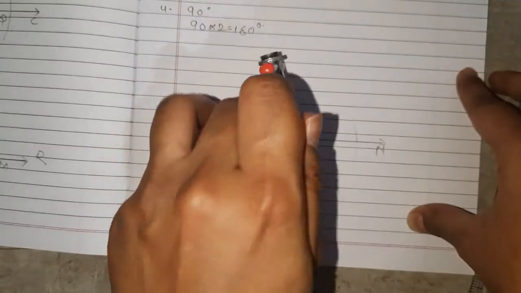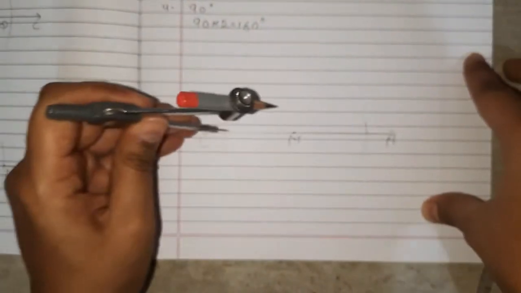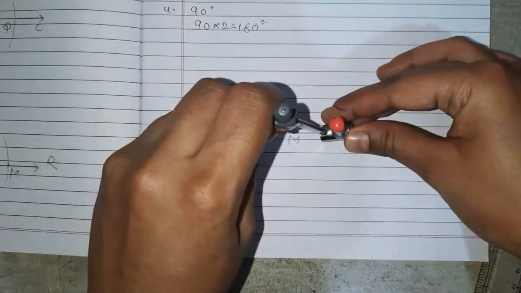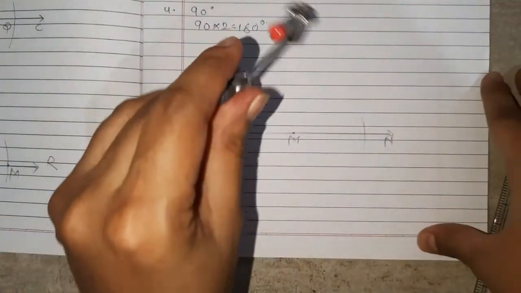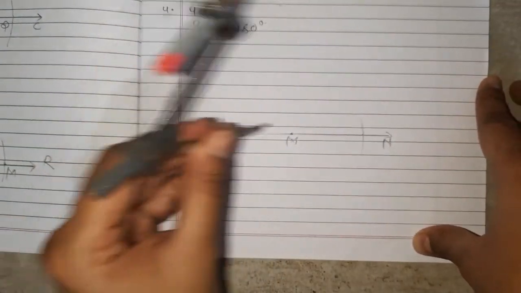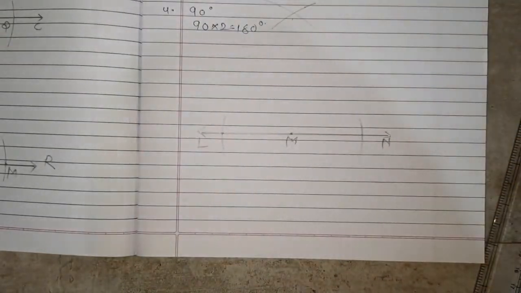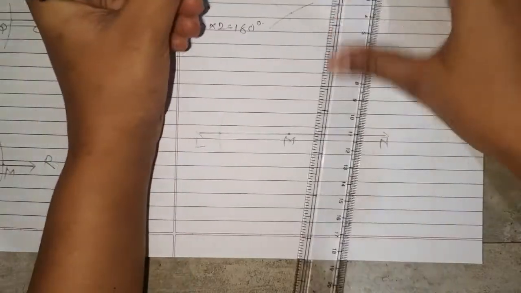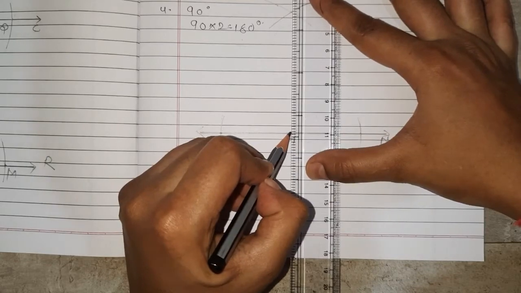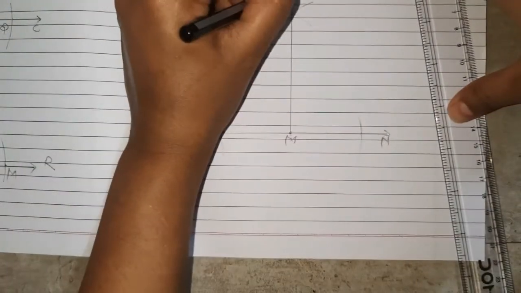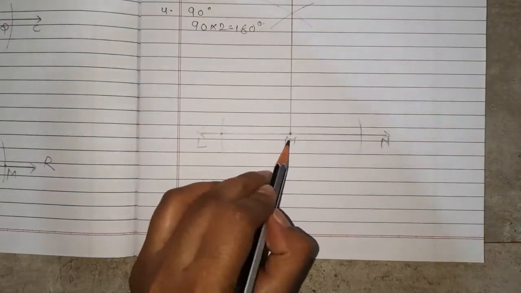Draw the arcs. Now the intersecting arcs. So this is our angle bisector.